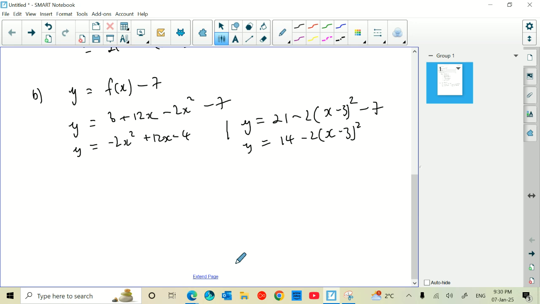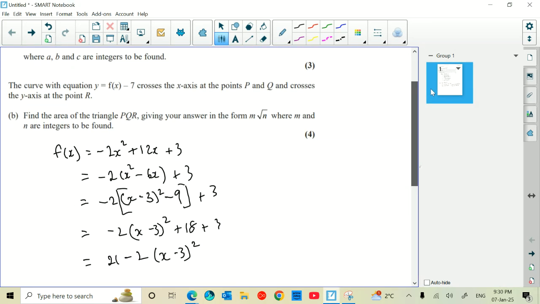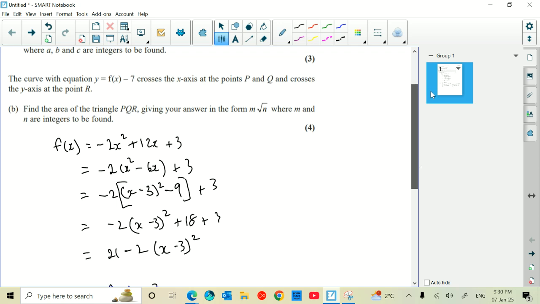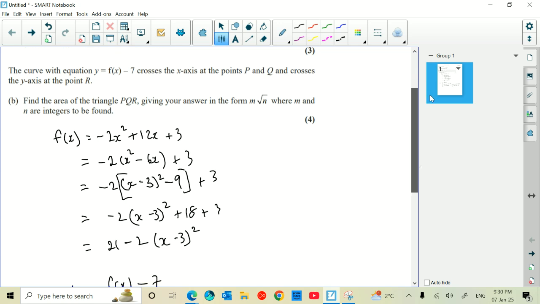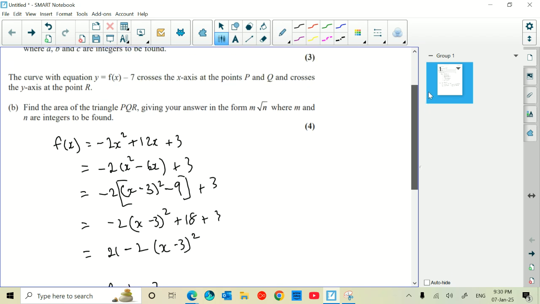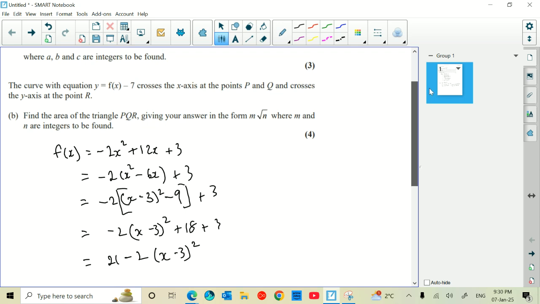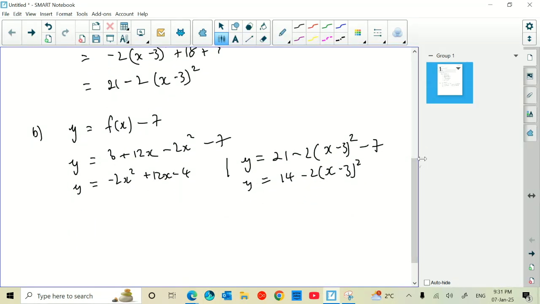How am I going to use them? Well, it does say that y is equal to f(x) minus 7 crosses the x-axis at the points P and Q and crosses the y-axis at the point R. Okay, so therefore we need to write that it crosses the x-axis when y is equal to 0.